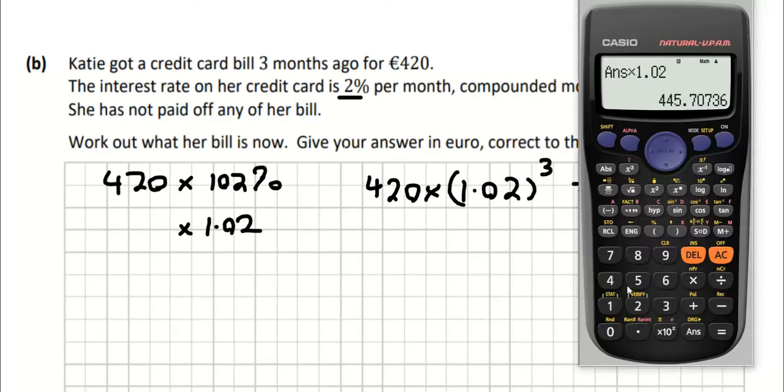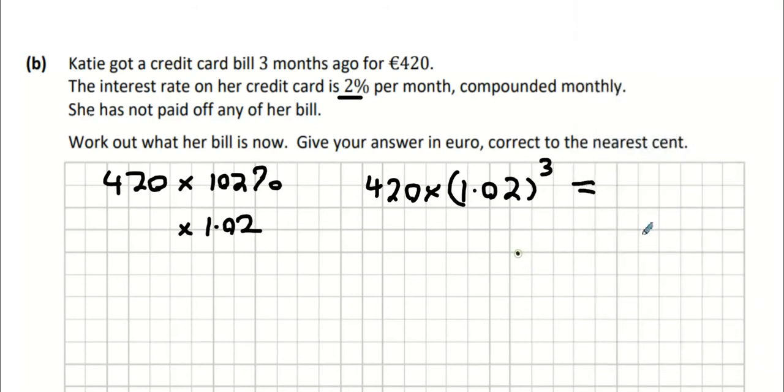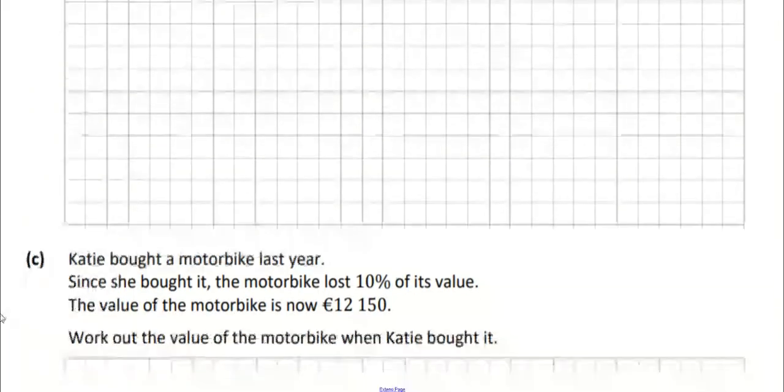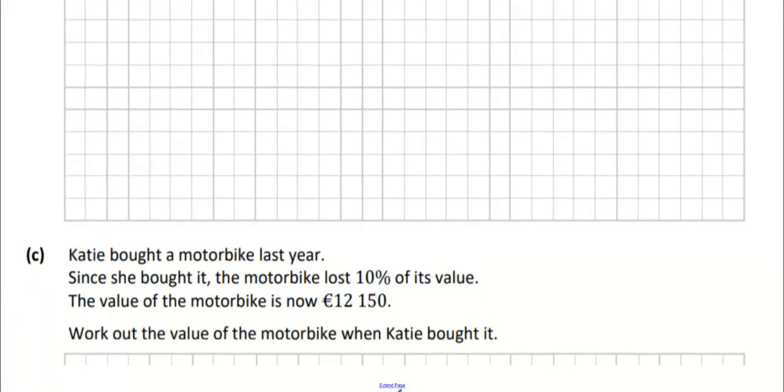And you'll find it's the same thing as increasing it by 2% 3 times anyway. And you find that your answer is 445.71 when you round it off. Okay, done.